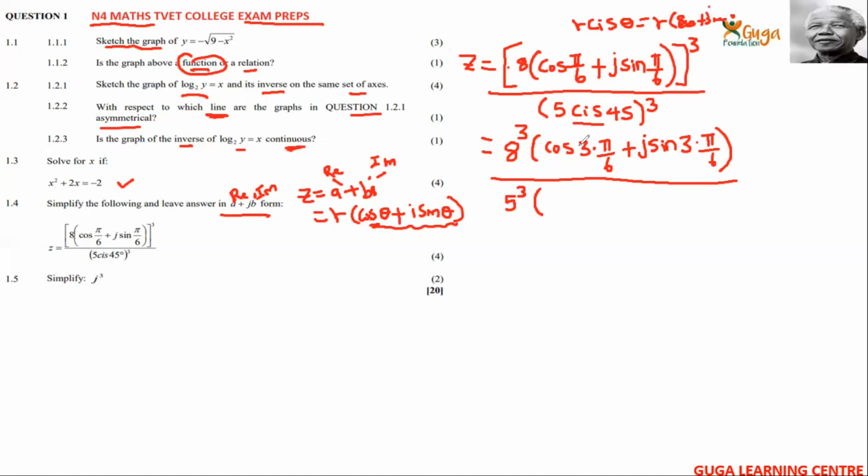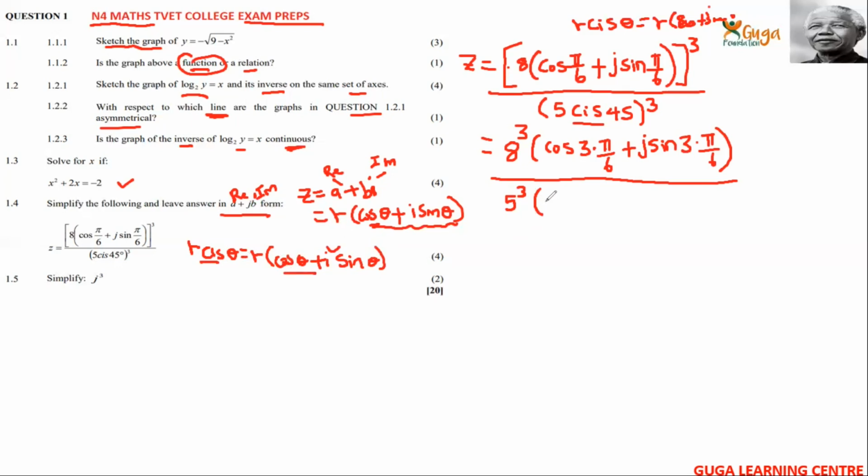Okay, so let me explain it here. I was saying r cis theta is equal to r into cos of theta plus i sine of theta. This is what I was saying here. So this is just a short notation.